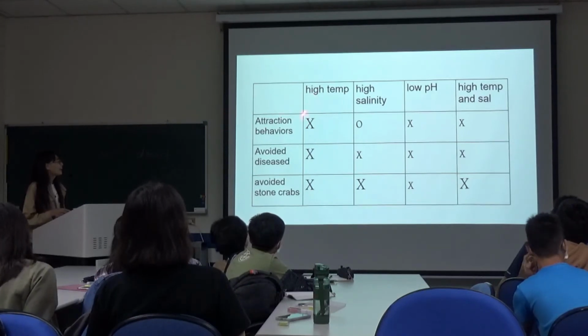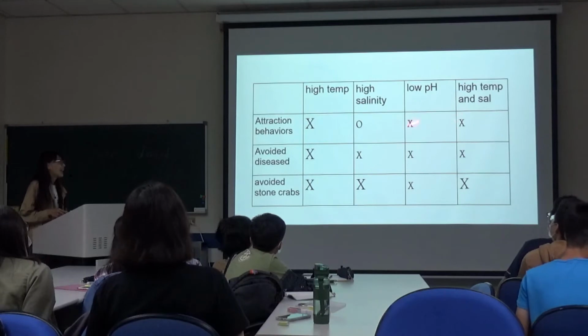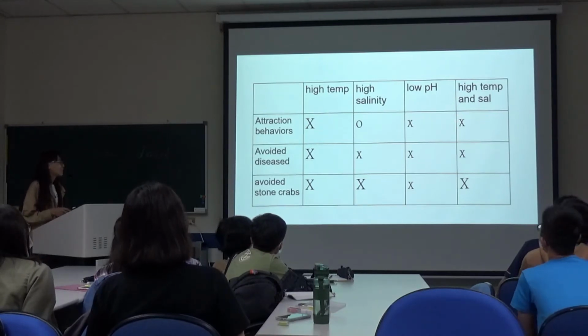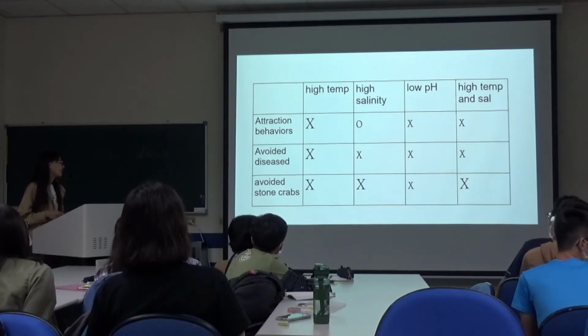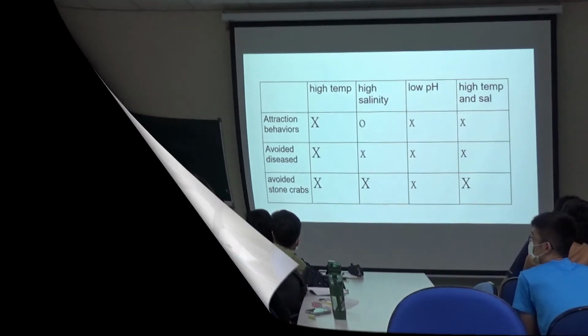We can see the high temperature, low pH, and the high temperature and the high salinity will make the lobster lose its attraction behaviors and avoidance of disease and avoidance of the stone crabs in the environment.